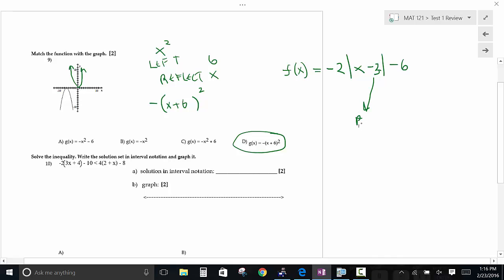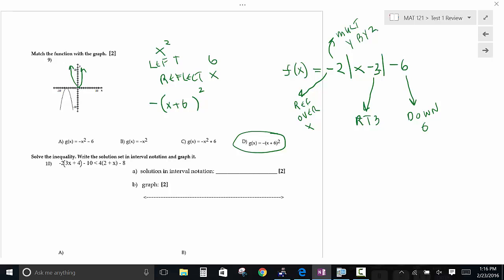Takes you to the right 3, good. What does the minus 6 do? That's outside. Down 6, okay? The negative does a flip. That reflects over the x-axis, okay? Now, if you think of this as multiplying y by 2, the y values get bigger. You have a V shape, so how would that affect the graph?